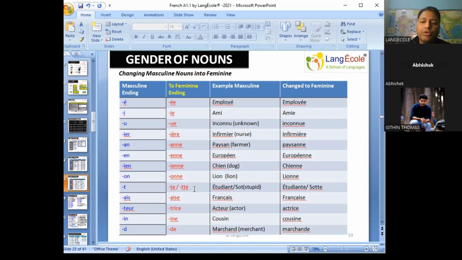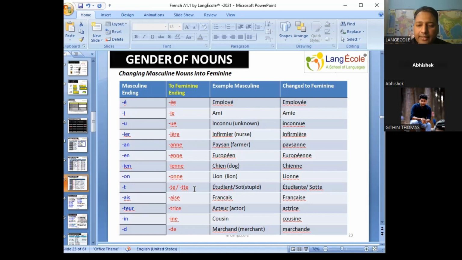So we will do lots of practice. Right now you do it with nouns, and then we'll also do adjectives from the books. And then we'll do lots of exercises. So I've just defined the rule here. We will do more practice, and then you'll be able to memorize it and start using it well in sentences, right?